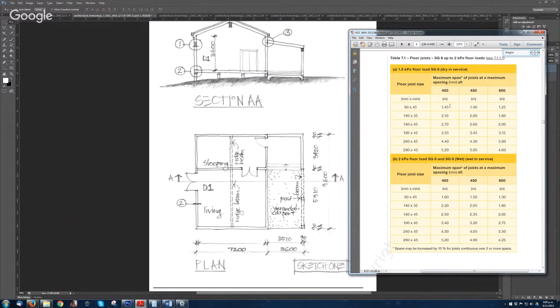So you can choose this one, 140 by 45 at 400 centers. But you can also use 140 by 45 at 450 centers, because it's 2.6. And if you wanted to use 600 centers, meaning the spacing between the floor joists, you need to go for 190 by 45. All those three answers are correct.